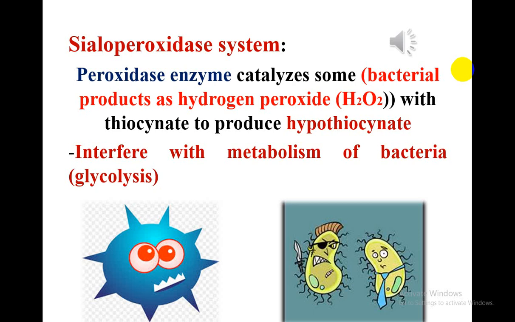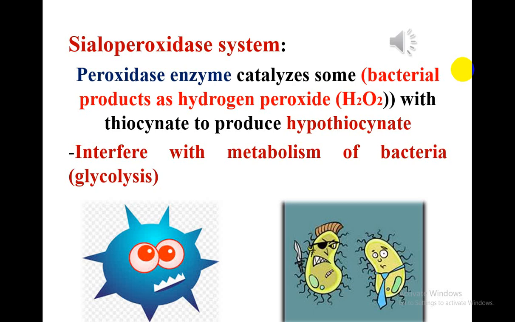The hydrogen peroxide, that is a bacterial product, is considered to be toxic to human host proteins and cells. So actually, the peroxidase enzyme or this system can protect the human host proteins and cells from the toxicity of hydrogen peroxide.